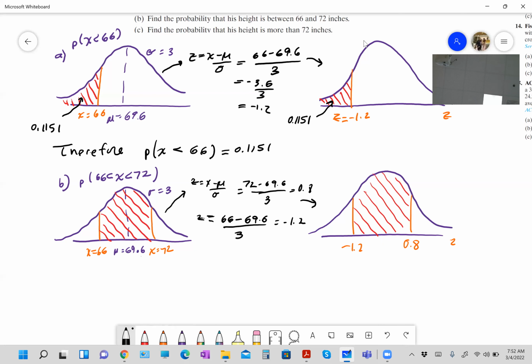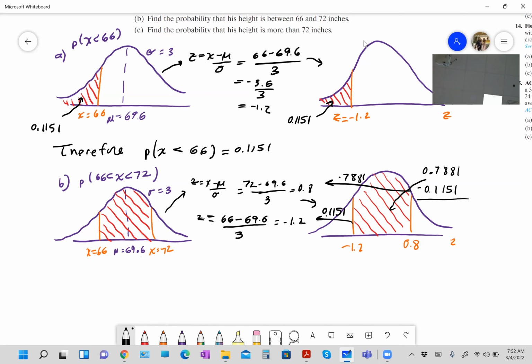So we know the area. Here's how we do between. We find the area for this one. We know it's 0.1151. And then we find the area for this one. So 0.8. Just be careful. 0.7881. Now to compute this area in between, we're going to take 0.7881 and subtract 0.1151.